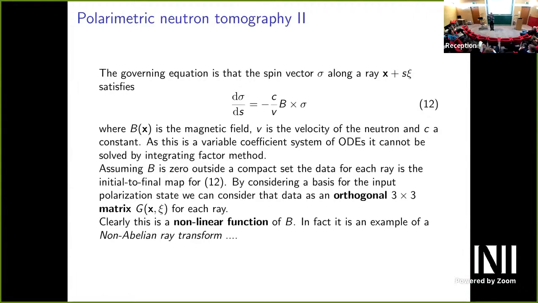So it's naturally formulated as a differential equation of the rate of stuff disappearing as it goes through voxels, and hence a transport equation. And in this case, sigma is a vector, and what happens is you get the vector cross product with the magnetic field. So it's not trying to line up.